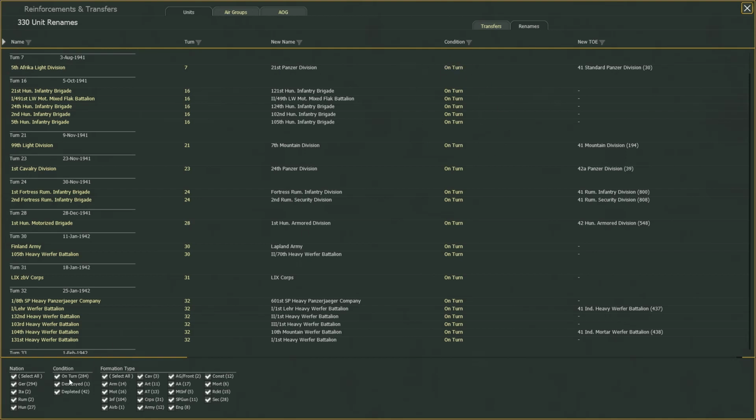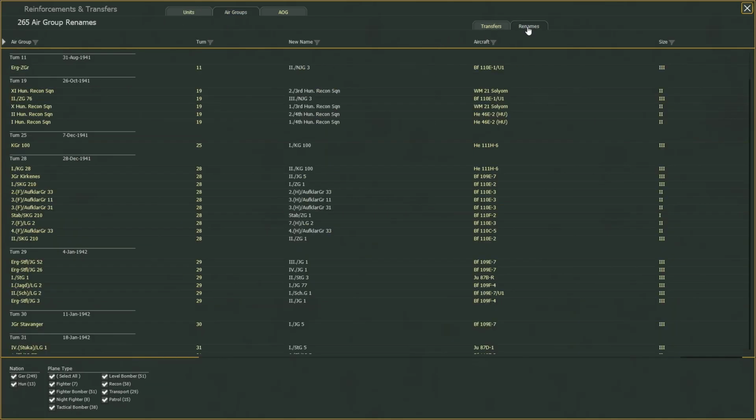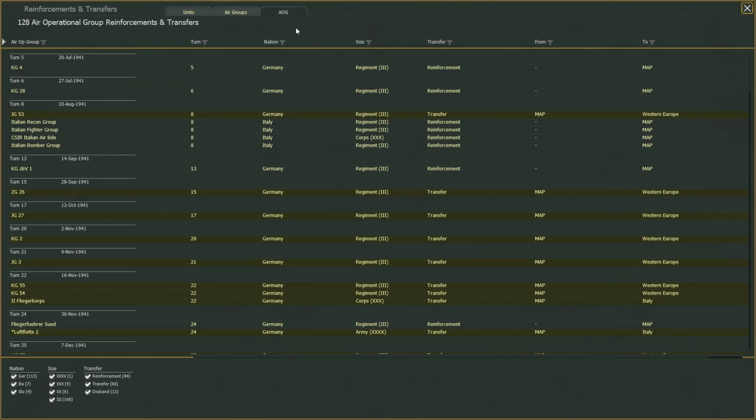So in case the unit renaming occurs on a specific turn, if it occurs when the unit gets destroyed or when the unit gets depleted. And besides units, you can also check air groups, and the same applies here, and also air operational groups.